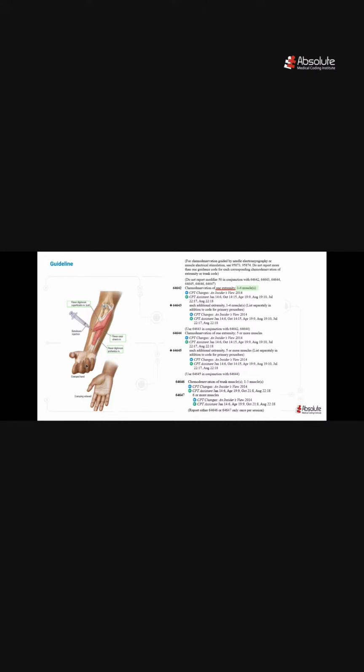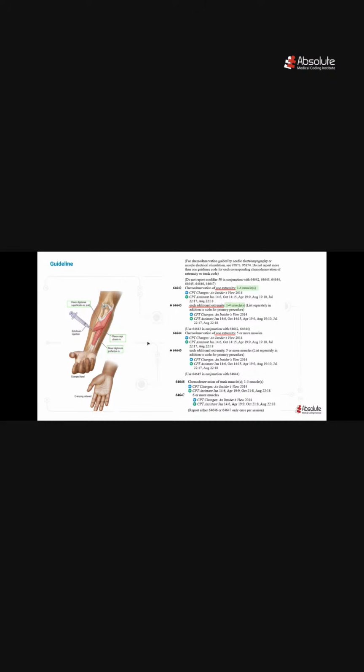If the same procedure is performed on the opposite hand as well, like your right hand, then you will report 64643 along with 64642. That is the CPT code for each additional extremity, 1 to 4 muscles.